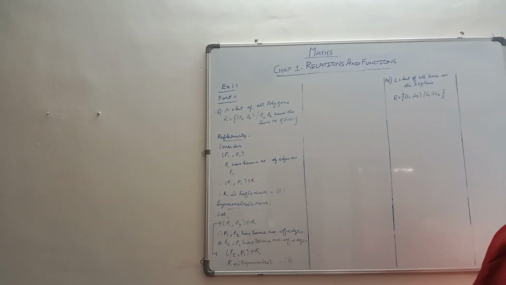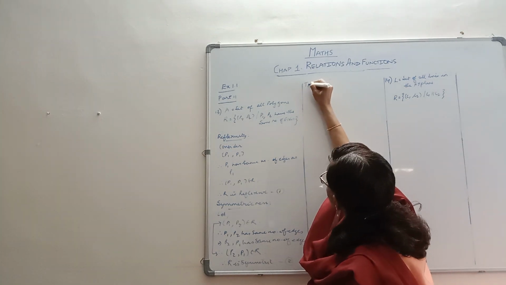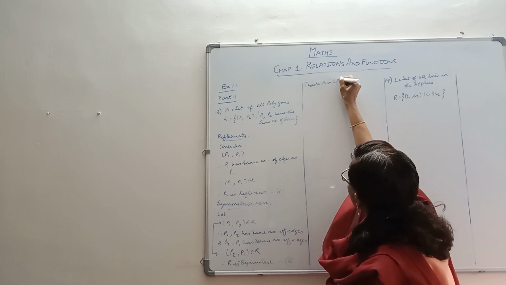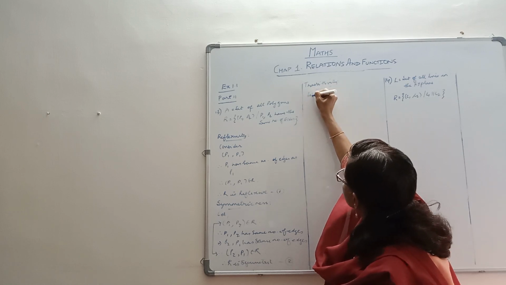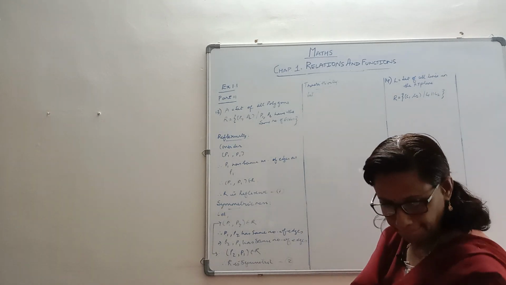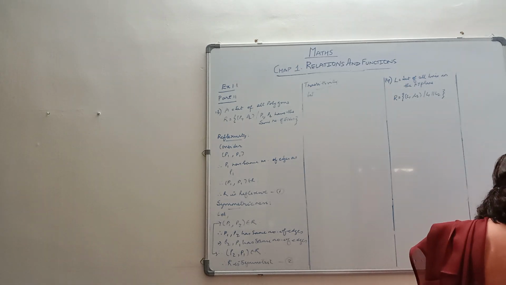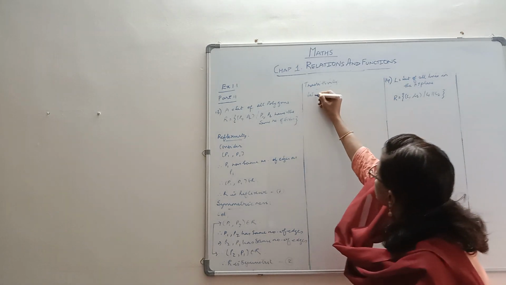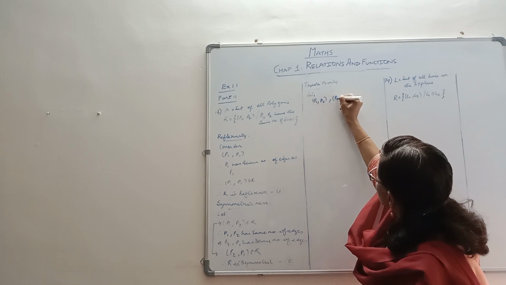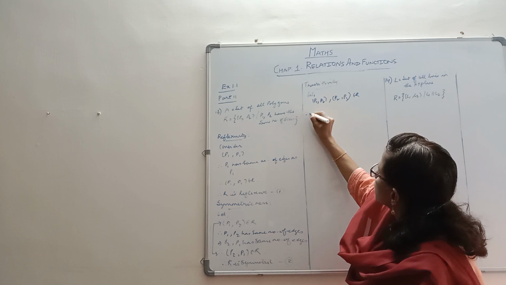Now, transitivity. Let P1, P2 and P2, P3 belong to R. What does that mean?